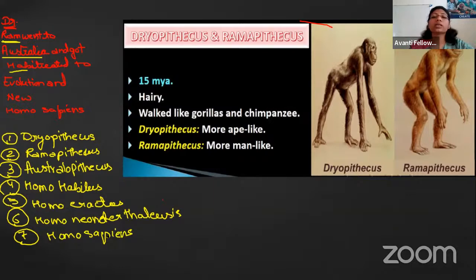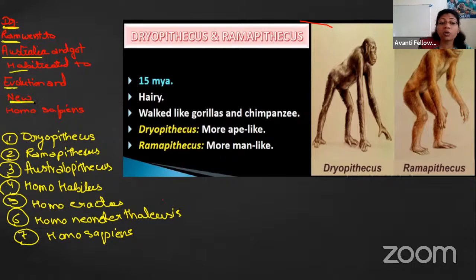Okay, so as you can see here, we have seven different evolutionary species in the complete evolution to the current human individual. For Dryopithecus, we have the term doctor. The Ram of the mnemonic stands for Ramapithecus. Australia stands for Australopithecus. Hab for Homo habilis. Eve stands for Homo erectus.